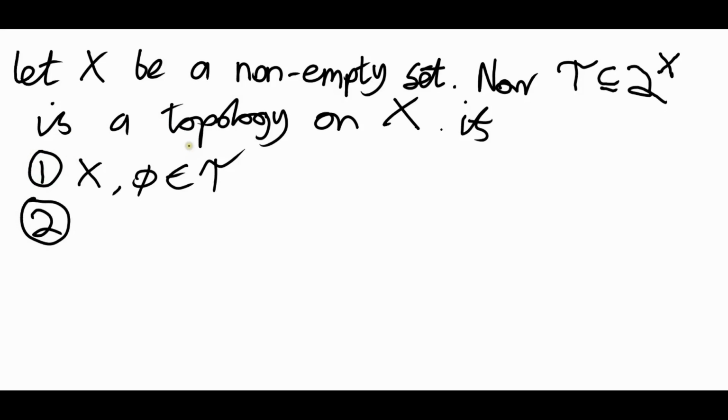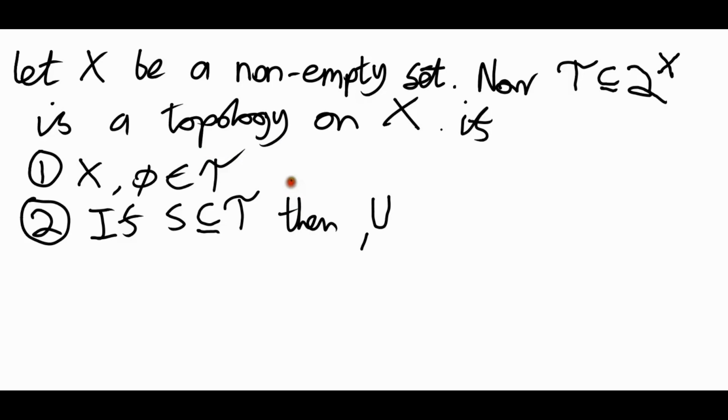Our second requirement is that if S is a collection of members of tau, then the union of all of those members is also a member of tau.